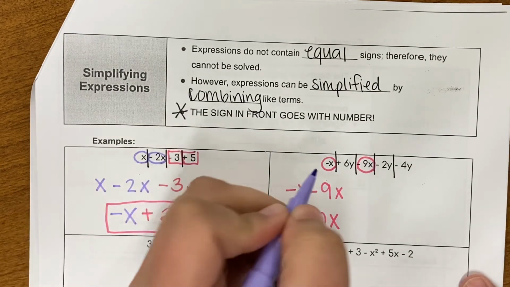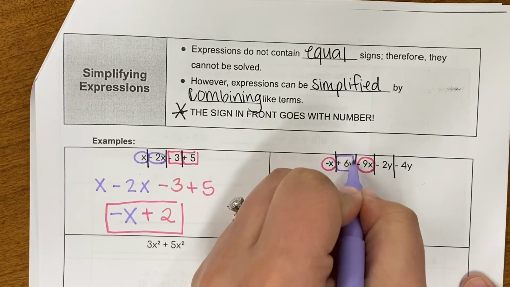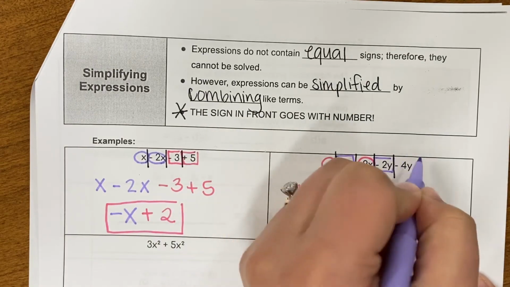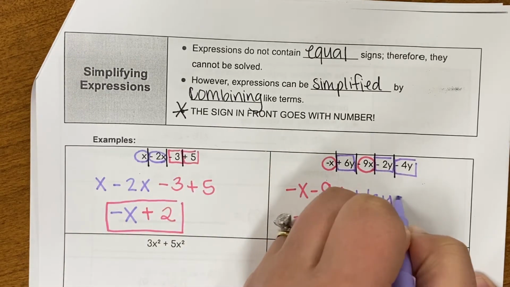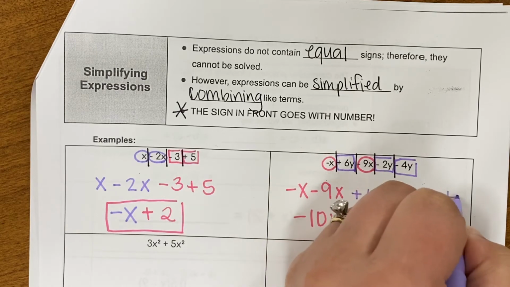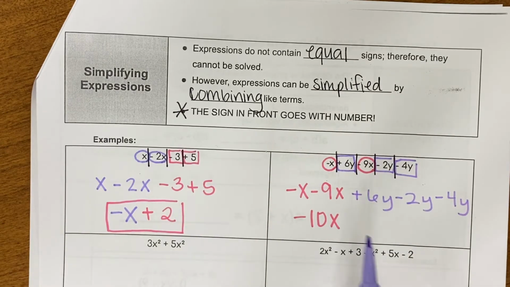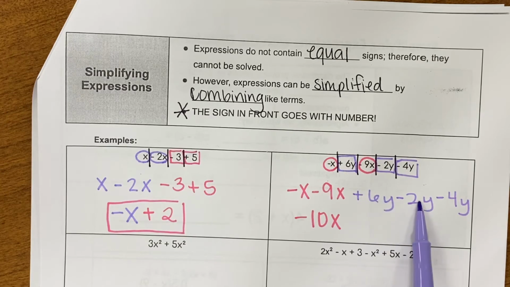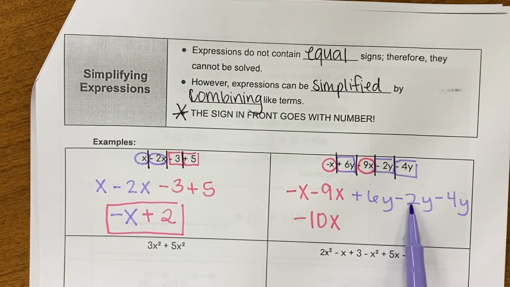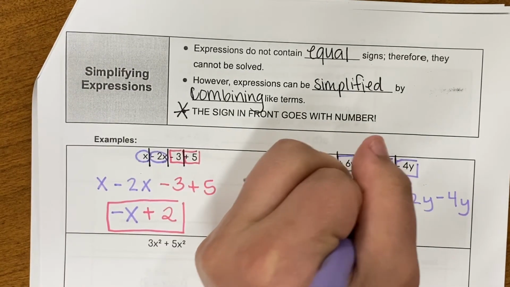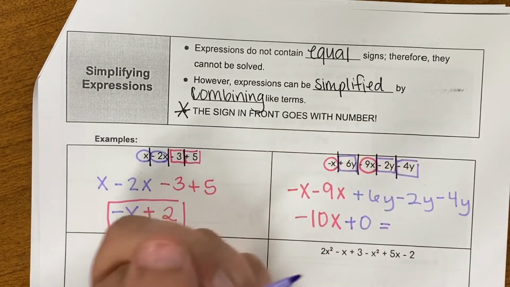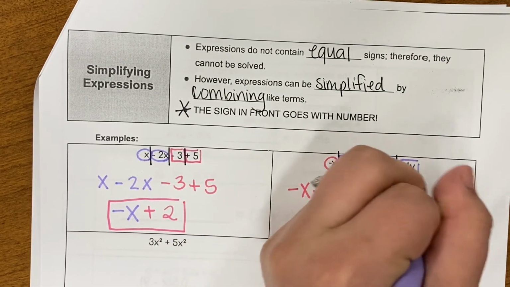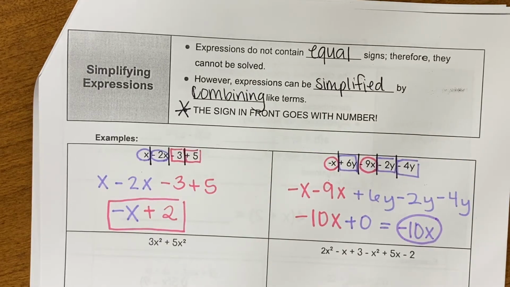Then I'm going to look at my y's. I have plus 6y, minus 2y, and minus 4y. 6y minus 2y gives me 4y. 4y minus 4y is 0. So I'm going to add 0, which I don't even need to write down. So it's going to be negative 10x as my simplified expression.